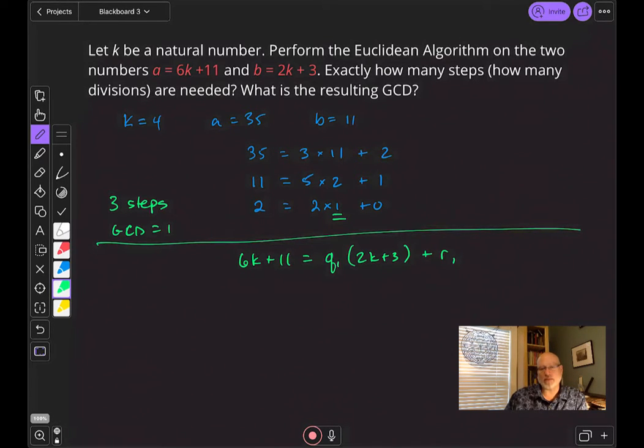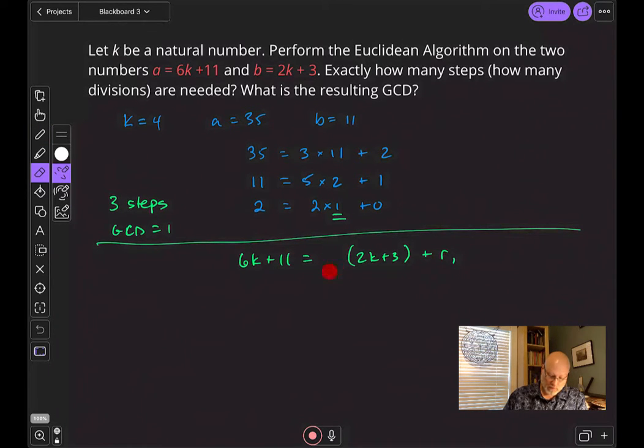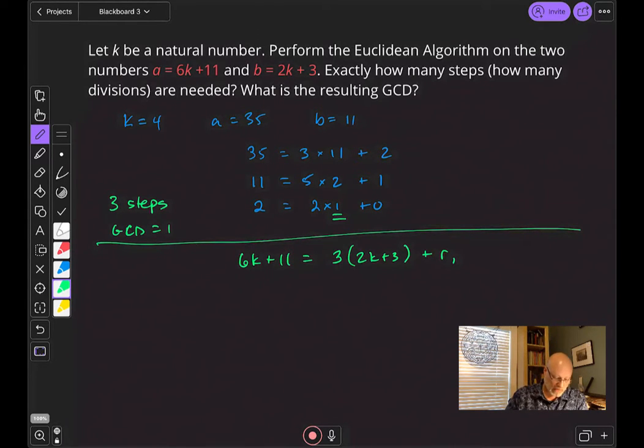What are we going to multiply by 2k plus 3 to get as close to 6k plus 11 as we can? q1 looks like it should be 3, because then we'd get our 6k, which matches up the variable. So I'm going to erase my q1 and put in 3. That gives me 6k plus 9, so my remainder is going to be 2.